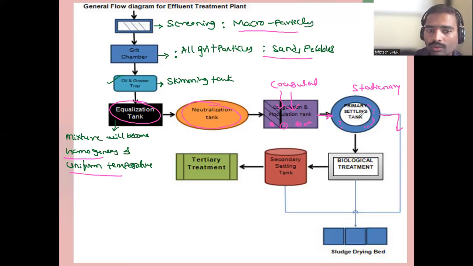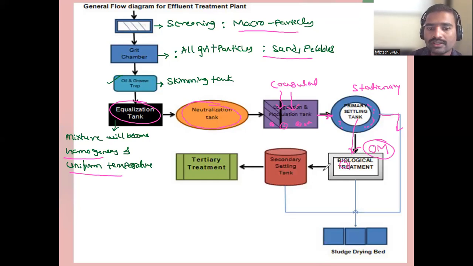Then the remaining water is brought to the biological treatment. Here macroparticles and microparticles are removed. Next, in the biological treatment, there is organic matter. This organic matter is removed by bacteria, aerobic bacteria and anaerobic bacteria.